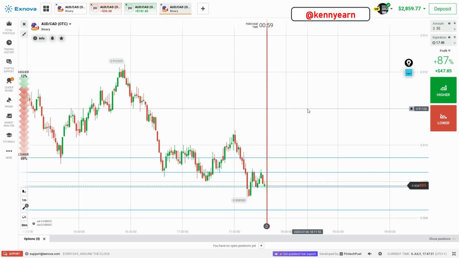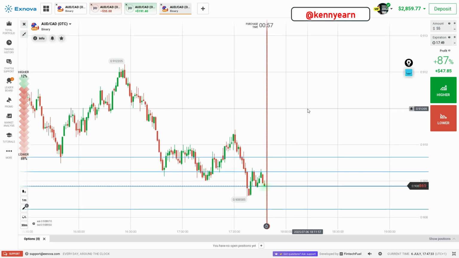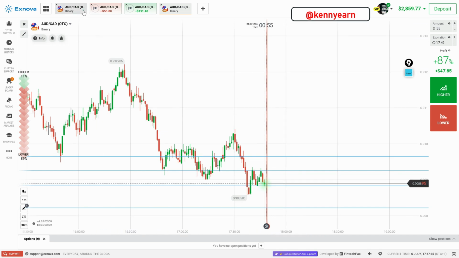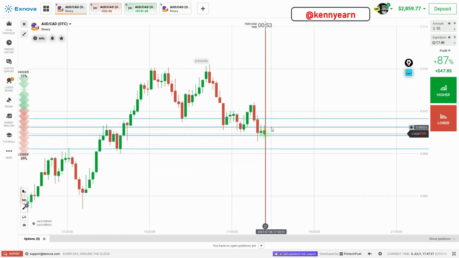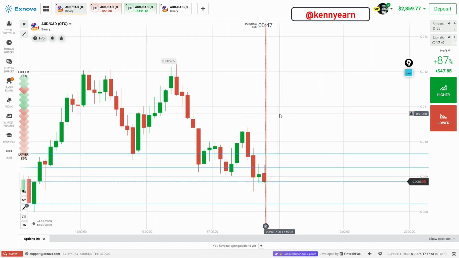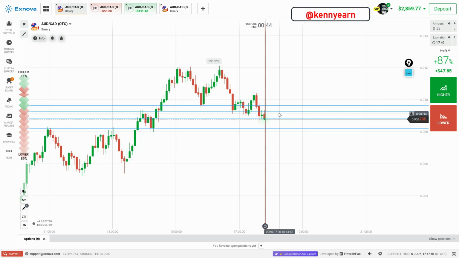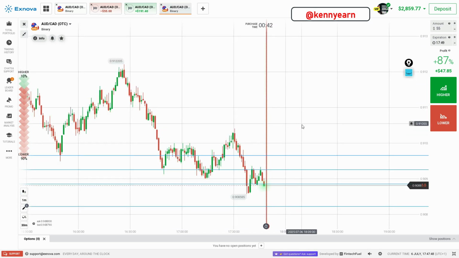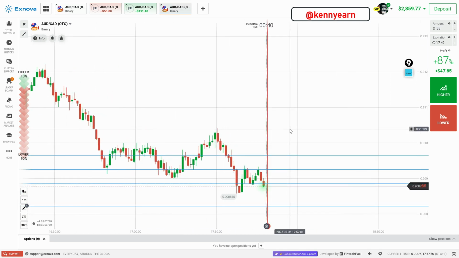All right, no clear movement now. Still looking weak. I wanted to see if sellers are going to break through my level. On the 5 minute chart, we're still getting some small body size candles. There's not enough momentum in the market, so I'm just going to wait. Yeah, let's see how it goes.